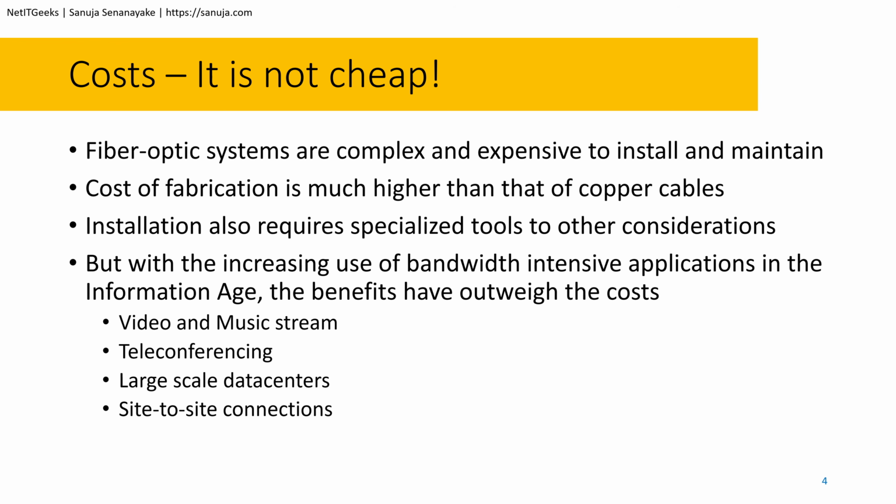Even 2 years ago in Canada, most houses could only have a copper cable connection to their home, even with gigabit network speeds. But now in 2022, the majority of Canadian metropolitan and major cities have fiber to home connections available to them. Not everybody has it, but you can have it. For example, in my house, I don't need fiber to the home.